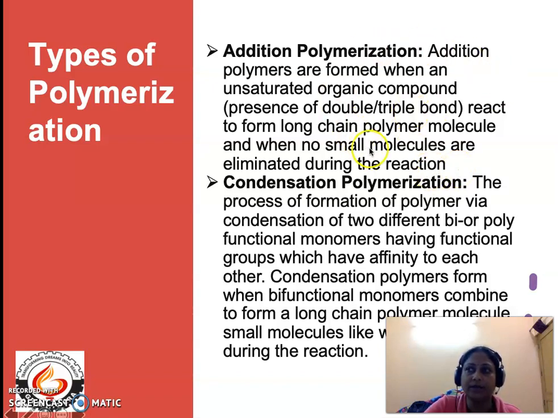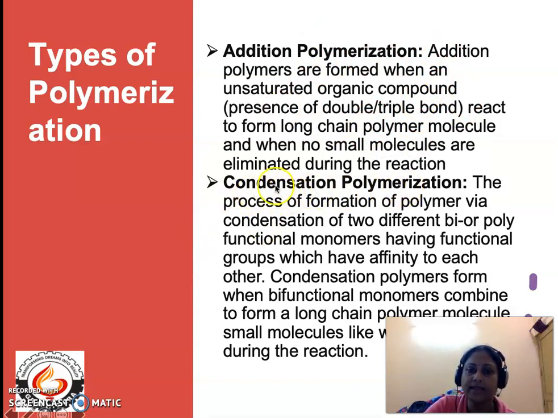Another important criterion which is essential for addition polymerization to take place is the nature of the monomeric unit. The monomers must have at least one double bond or a triple bond for undergoing this type of addition polymerization. Now, let us come to the second category, the condensation polymerization.